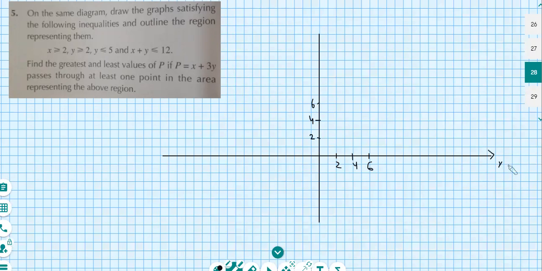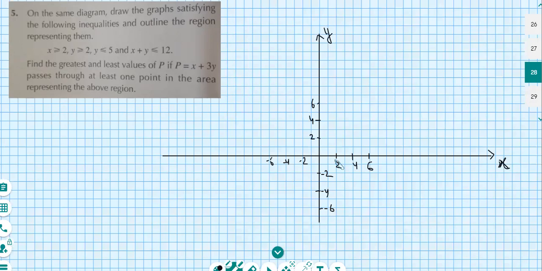This is, suppose, the x-axis and this is the y-axis. And this is -2, -4, -6. Similarly on the y-axis, -2, -4, and -6. So basically this is the Cartesian plane or xy plane.